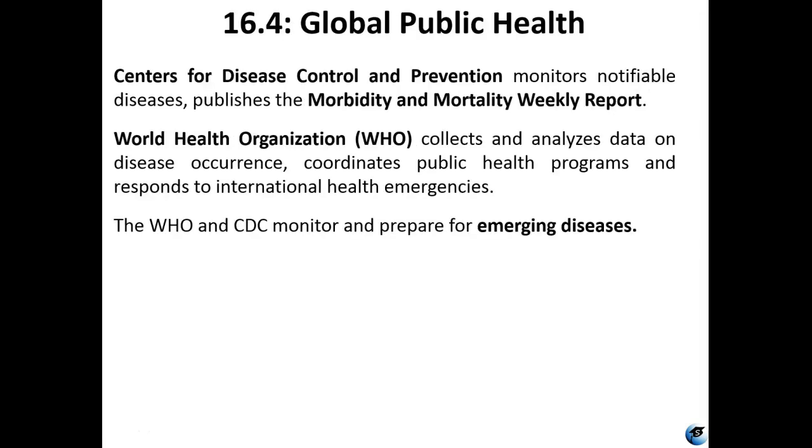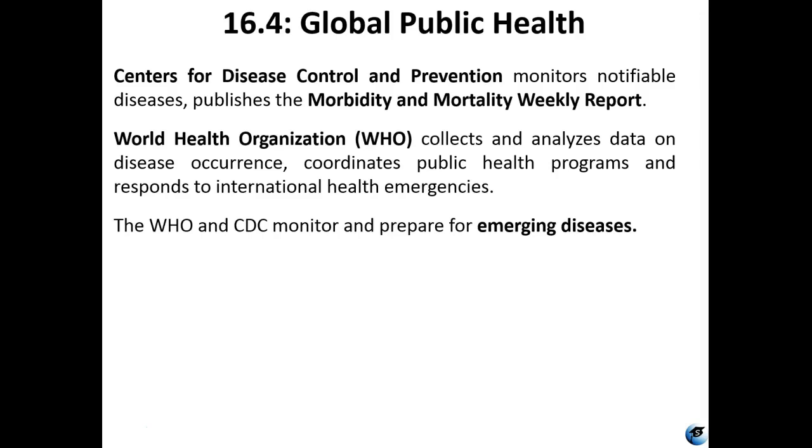In the U.S., the global public health rate, this is 16.4. In the U.S., the Centers for Disease Control, also known as the CDC, monitor notifiable diseases. In other words, diseases that they can report on. They publish weekly reports in what is known as the Morbidity and Mortality Weekly Report.